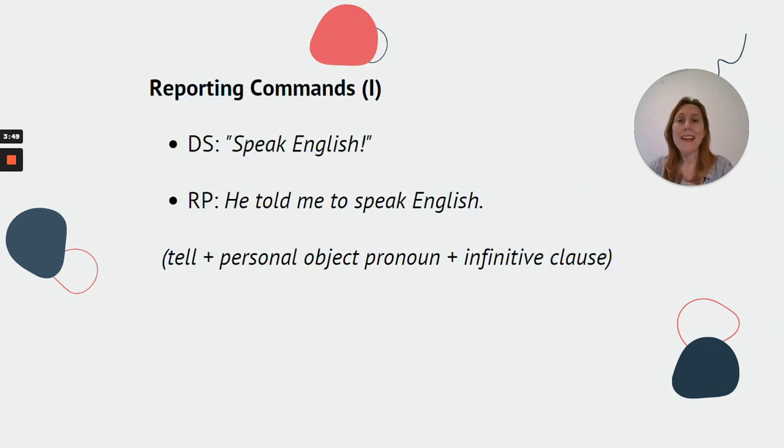When reporting commands, we use the same structure, but we use the verb tell. So speak English. When we report this command, we say he told me to speak English. So notice that we keep the same structure, but using the verb tell.